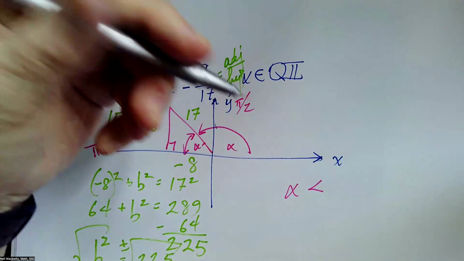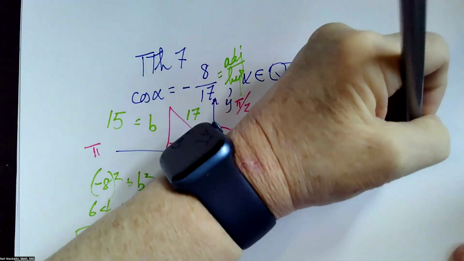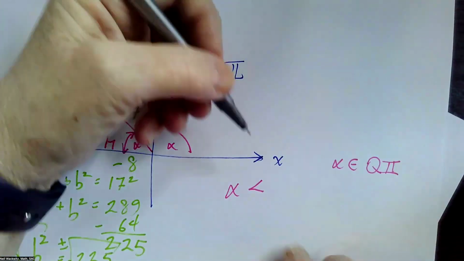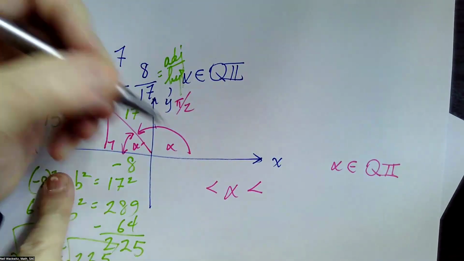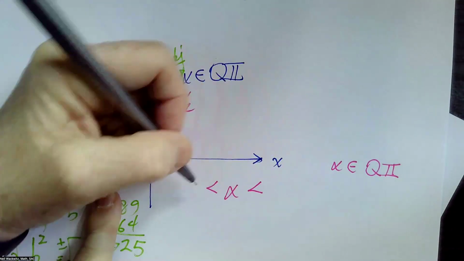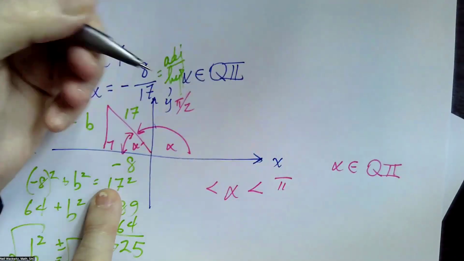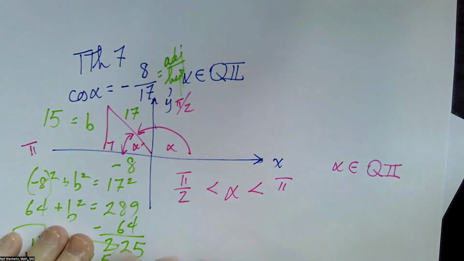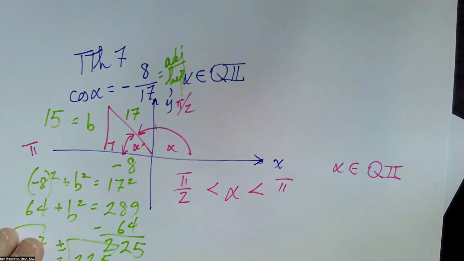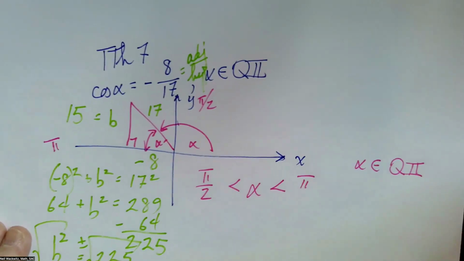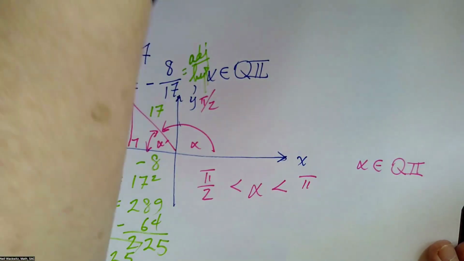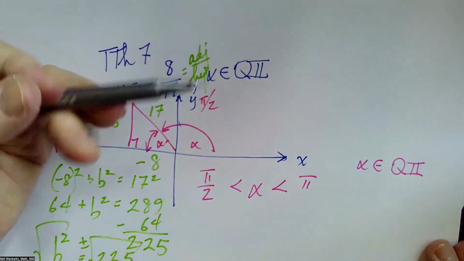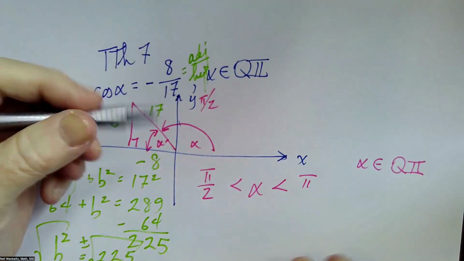If alpha is in quadrant 2, then alpha is between pi over 2 and pi. Is that what that means? And now I can multiply everything by 1/2 to get the corresponding values for alpha over 2.